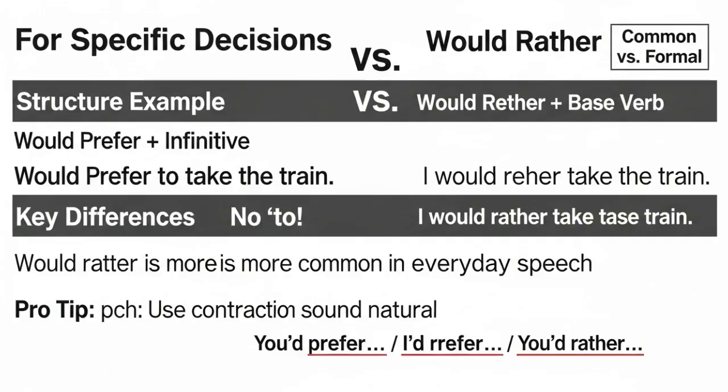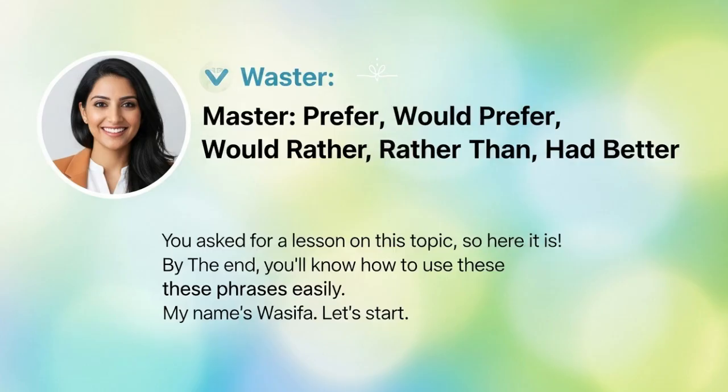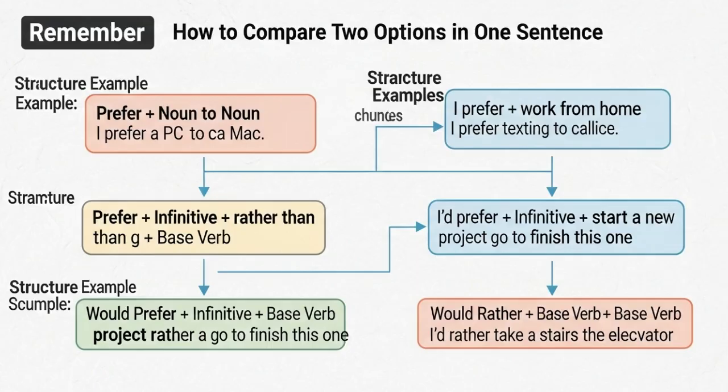Mini review. We use prefer for a general preference. My boss prefers early meetings. My boss prefers having early meetings, or my boss prefers to have early meetings. General preference, noun, gerund, experience, infinitive. All good.